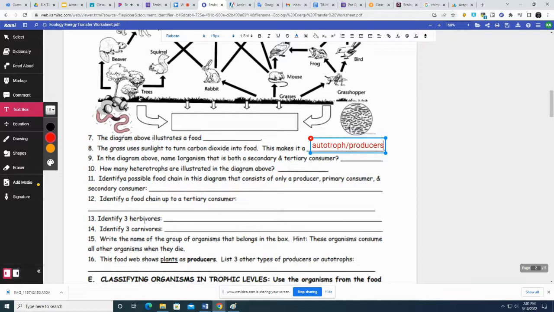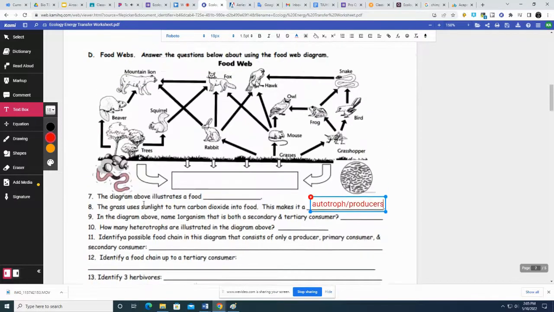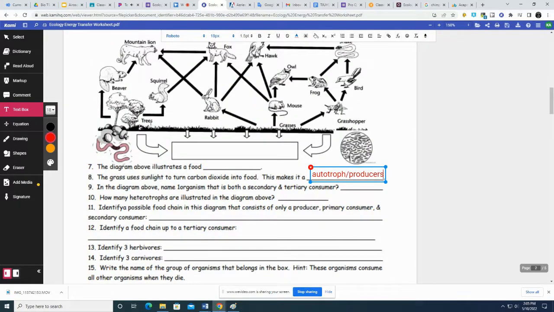Let's see, identify 3 herbivores. Those are things that eat plants, they eat producers. Carnivores, those are things that only eat animals. And then you're going to classify these. The producers in this food web are going to be the trees, the grasses, and looks like that's it. Those are the only producers in this food web.